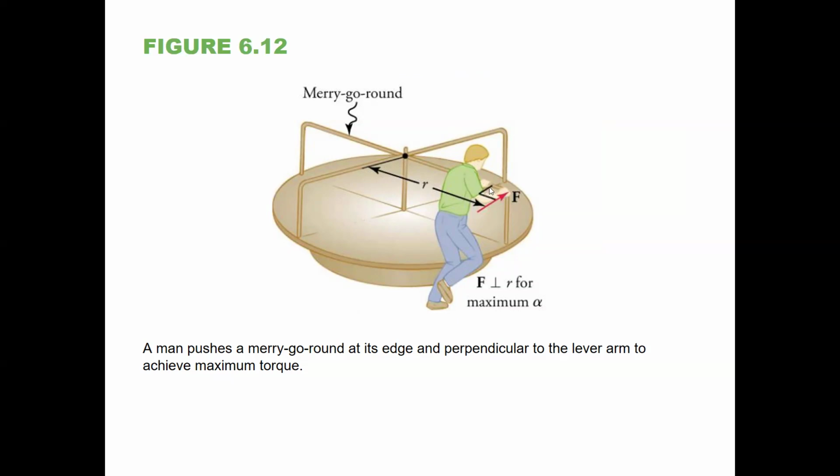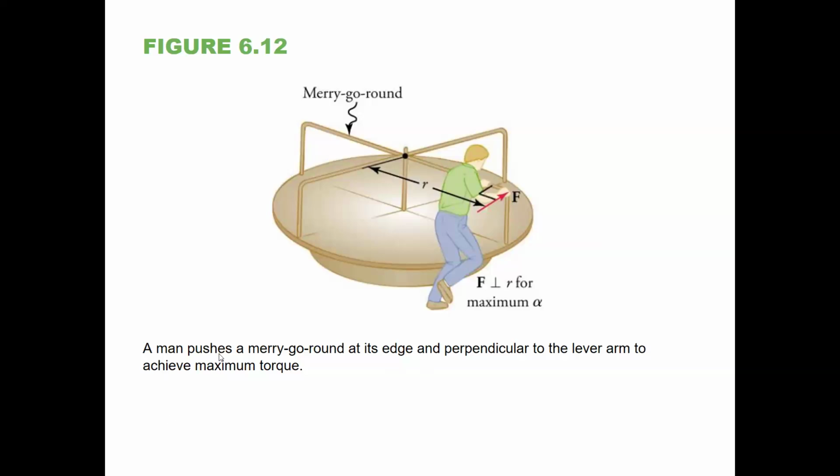If this person was not at a 90-degree angle and was on the side, they're not getting the best work, or they're not making the merry-go-round spin as much as it should. But if they align themselves at a perpendicular angle to the radius of the circle, then that will maximize the leverage.